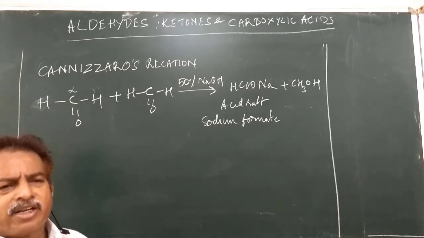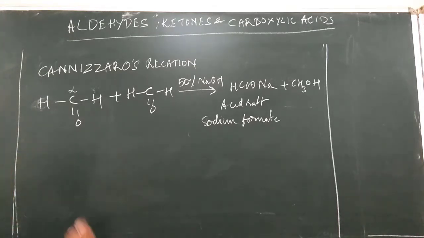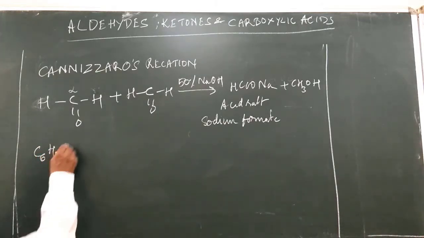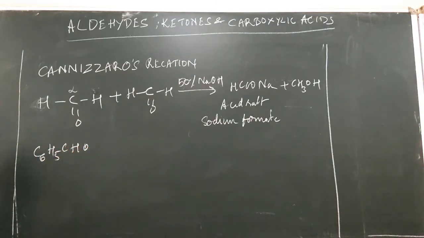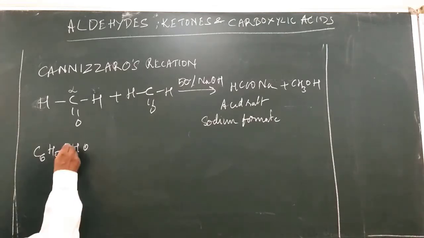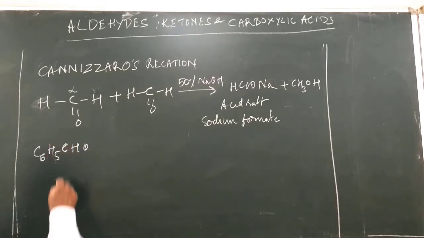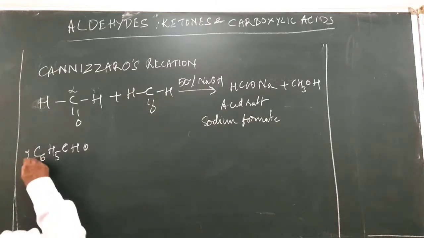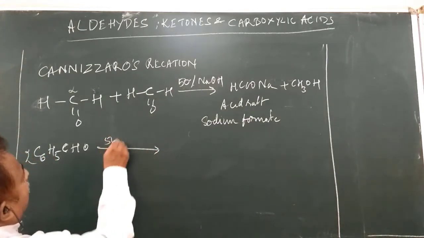Let us see one more example for this Cannizzaro reaction. C6H5CHO. This is benzaldehyde. Here this is the carbonyl carbon. There is no alpha carbon on this benzaldehyde. Therefore, this also undergoes the Cannizzaro reaction.